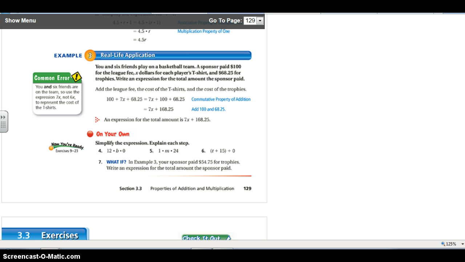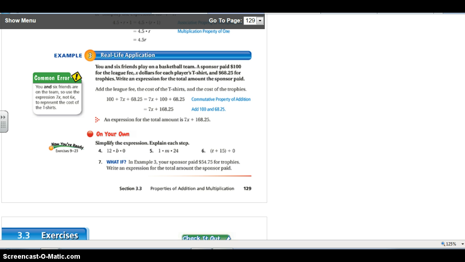Number 4, after writing the problem, you should have written 12 times, in parentheses, b times 0. That's the associative property. Then 12 times 0 is the multiplication property of 0. And then 0 is your answer.